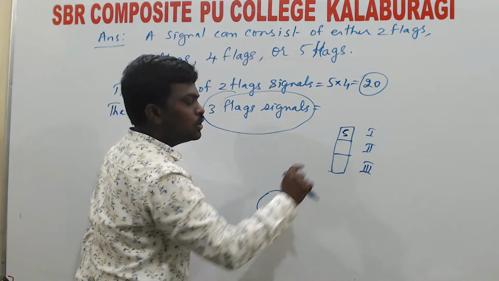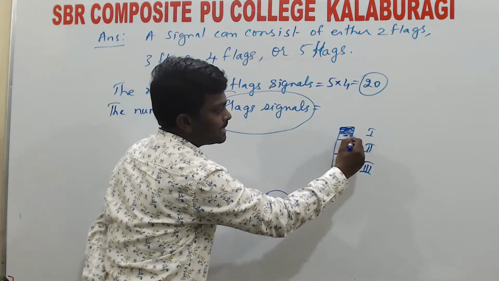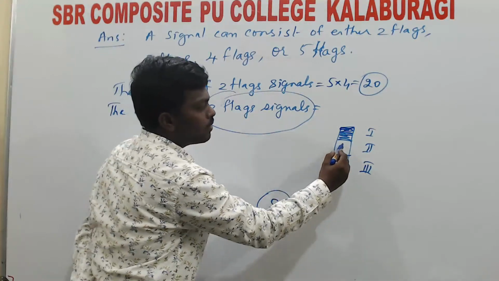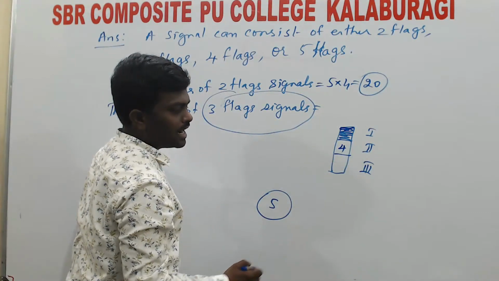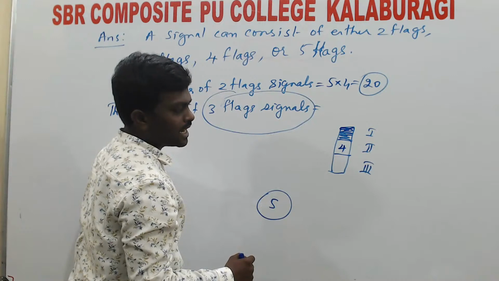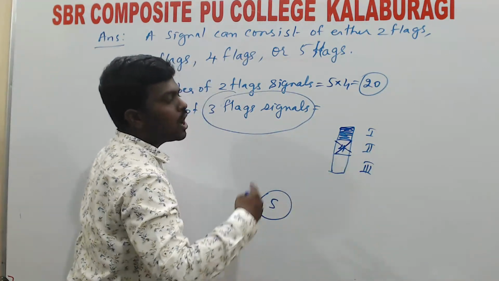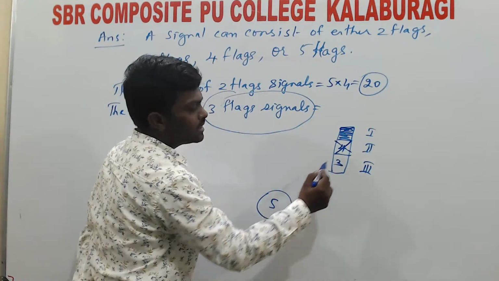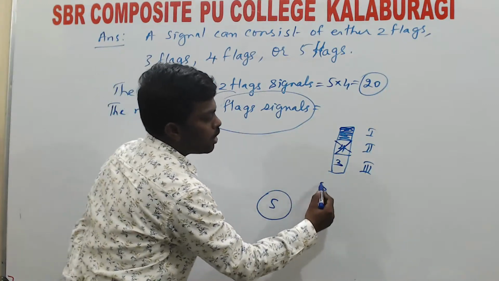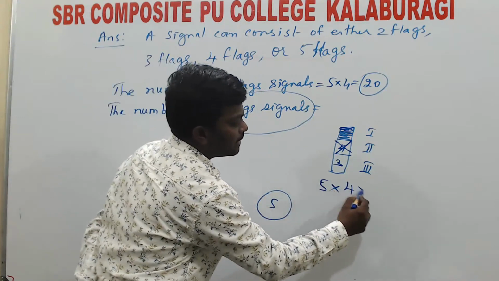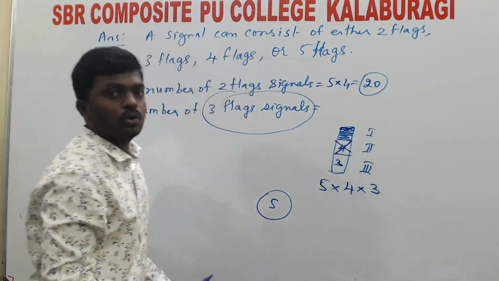So one flag is taking its position now. How many are left now? 4 are left for the second place. Again, now this has been filled, so how many flags are left now? 3 flags. So in how many ways can we arrange 3 flag signals? 5 into 4 into 3.